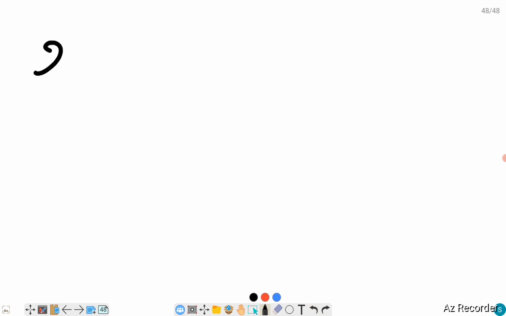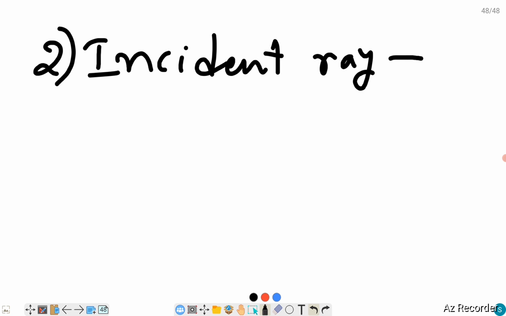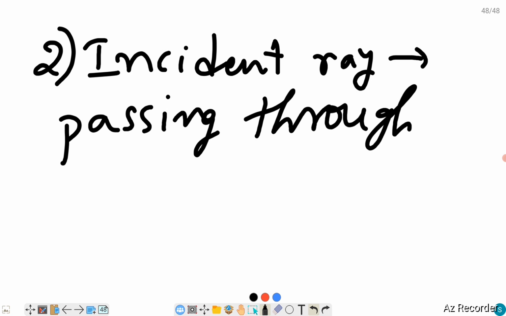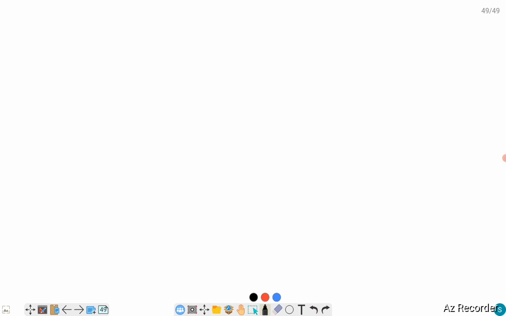And the second ray rule is exactly opposite to this. When the incident ray is passing through focus, then what do we have?